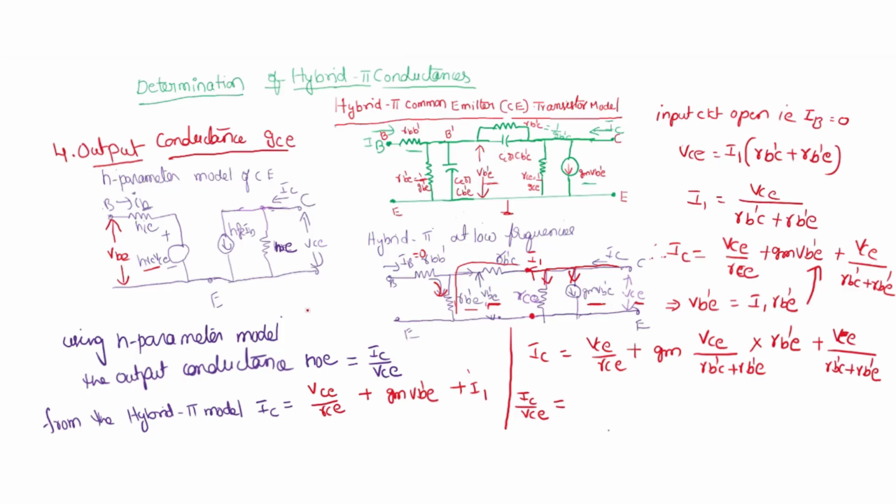Now you'll get IC by VCE. VCE gets cancelled, that is 1 by RCE, plus here also VCE gets cancelled, so GM RB dash E by RB dash C plus RB dash E, plus 1 by RB dash C plus RB dash E.